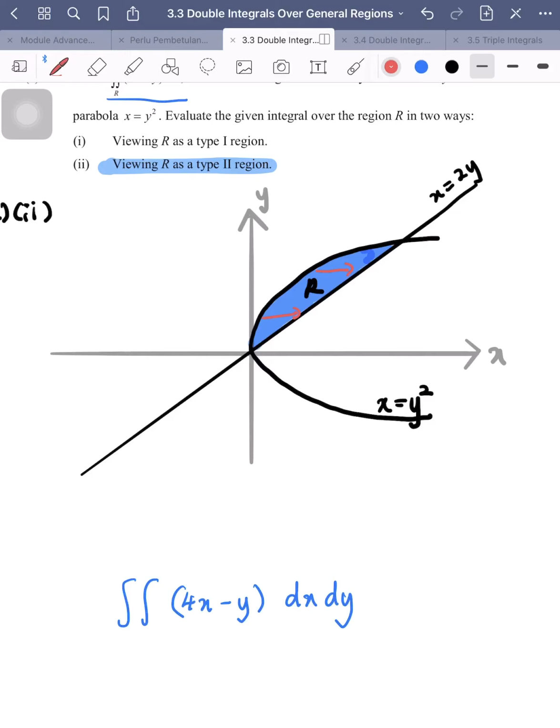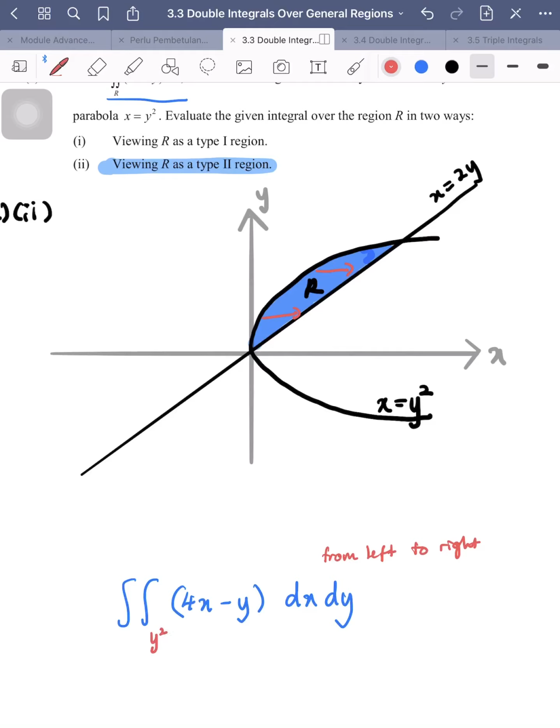Okay, the line on the left, you will meet the curve first. So the curve will become the lower limit, and the one at the right will become the upper limit. So in this case, the left limit is the curve, which is x equal to y squared.